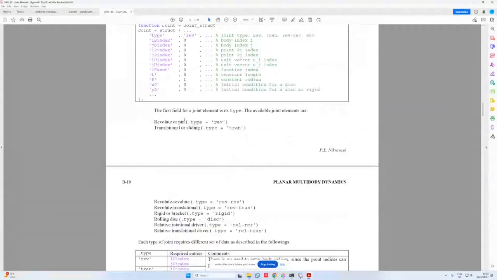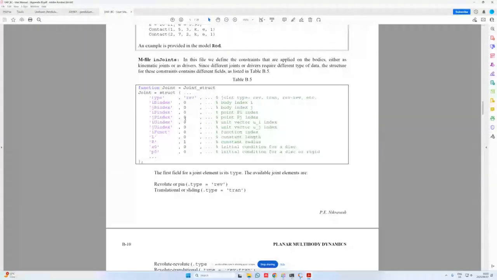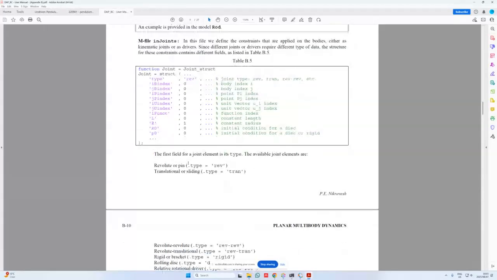These are all of the properties that are allocated to the joint structure. However, the type of joint that I have will govern which of these properties I need to define.